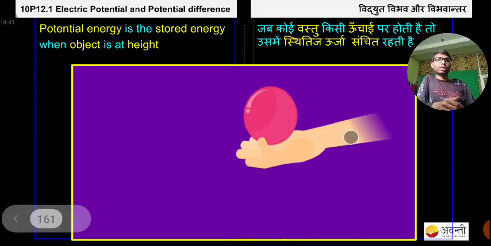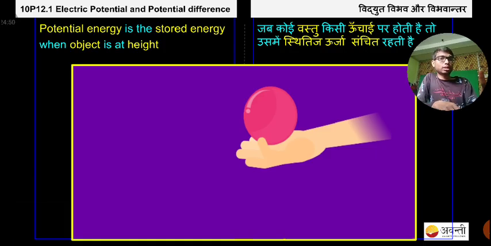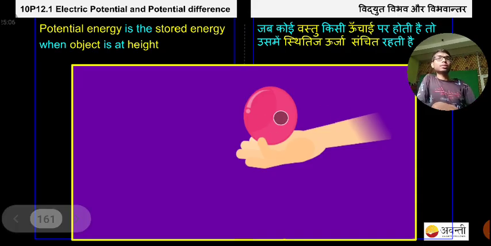Here we have an example. In our hand there is an object. We can say it is a ball. Now it has gained energy and it is at a height. When it is released, then this ball will come into motion. So here we will say this is kinetic energy when it comes into motion.